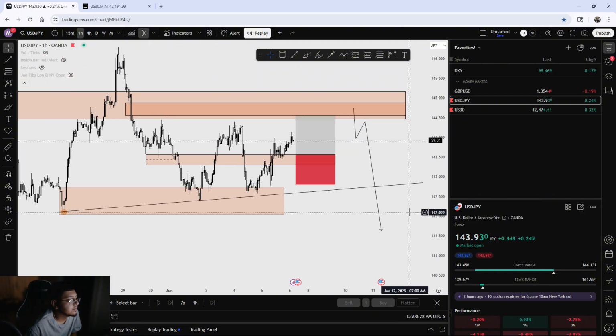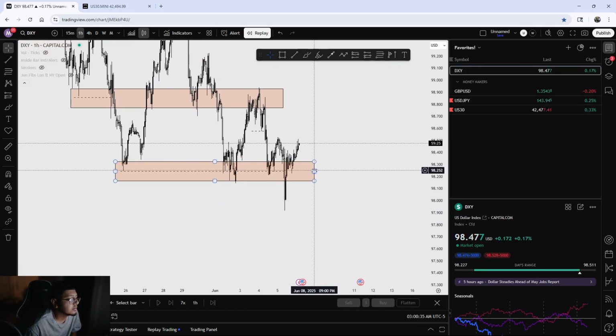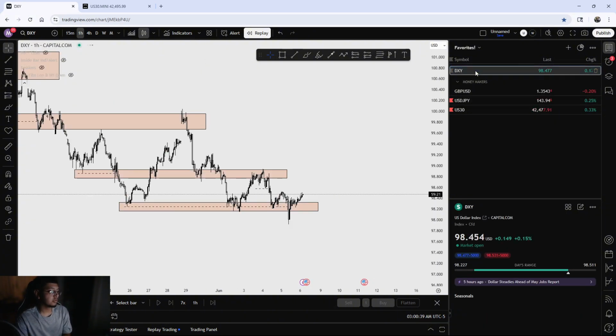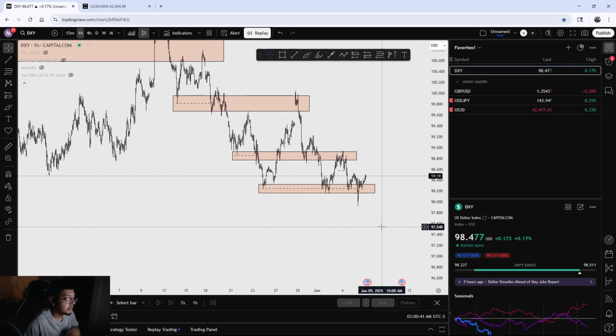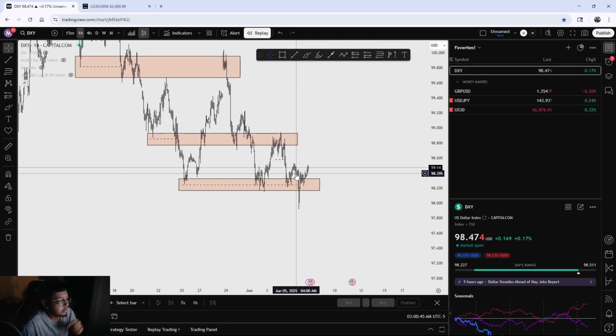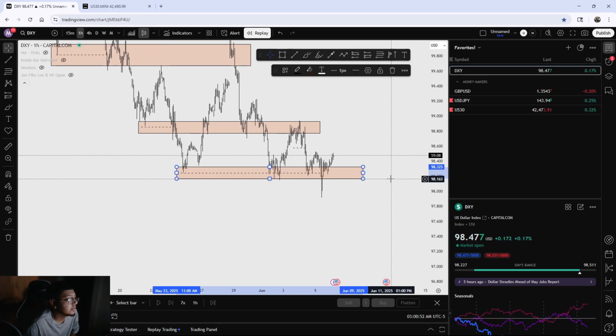Right. We'll see. On the DXY, I did mark up this zone. So UJ I'm bullish, and on the daily I'm bullish. So we get a liquidity sweep to the downside, and price came back to the upside.